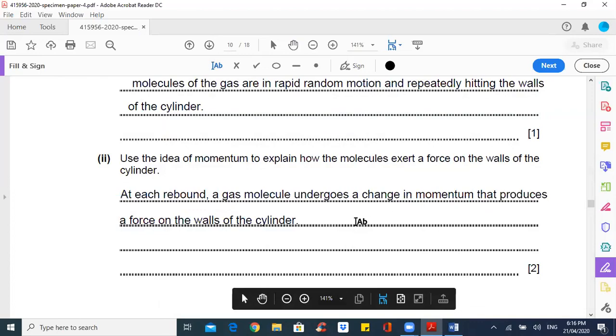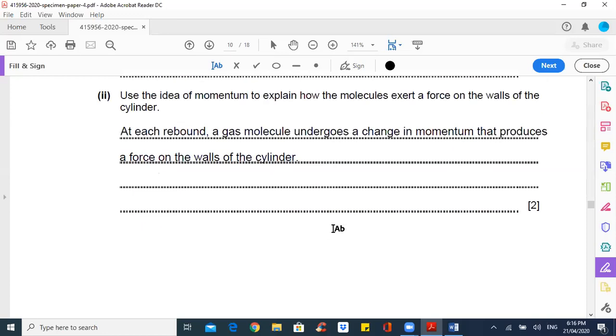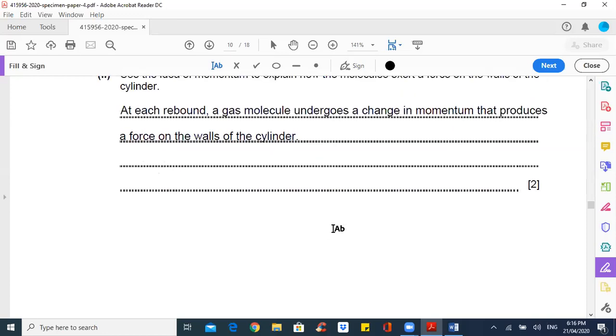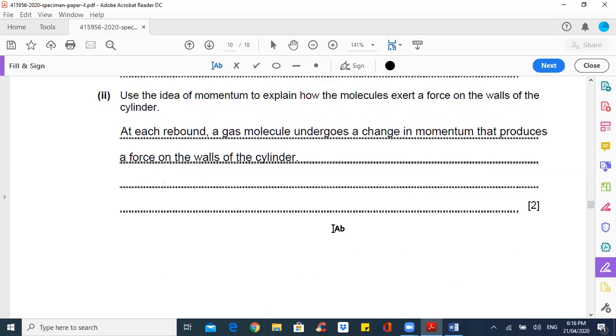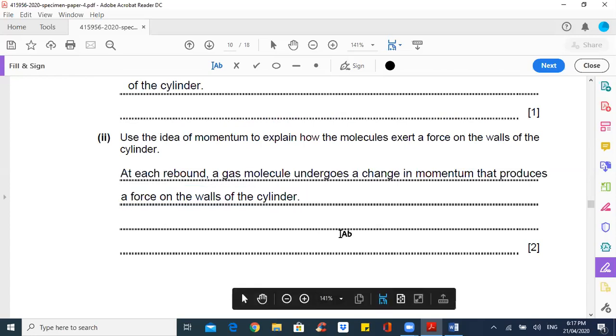Simple as that. So it's basically at each rebound, a gas molecule undergoes a change in momentum that produces a force on the wall of the cylinder. Remember, force is equal to change in momentum over time. Good? So everybody okay with this so far? You can move on.